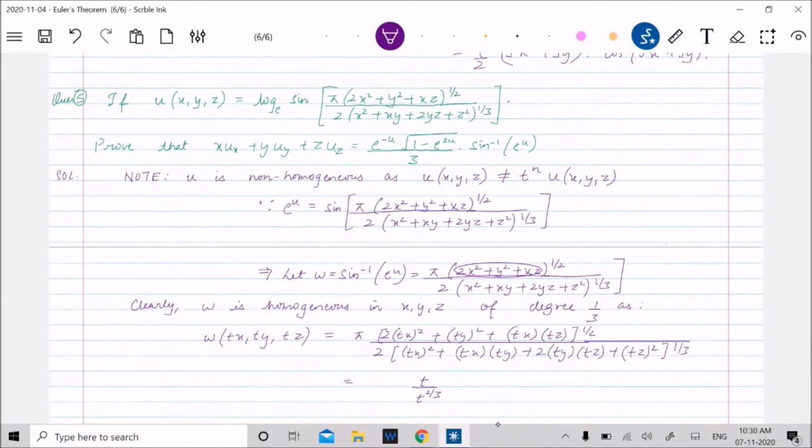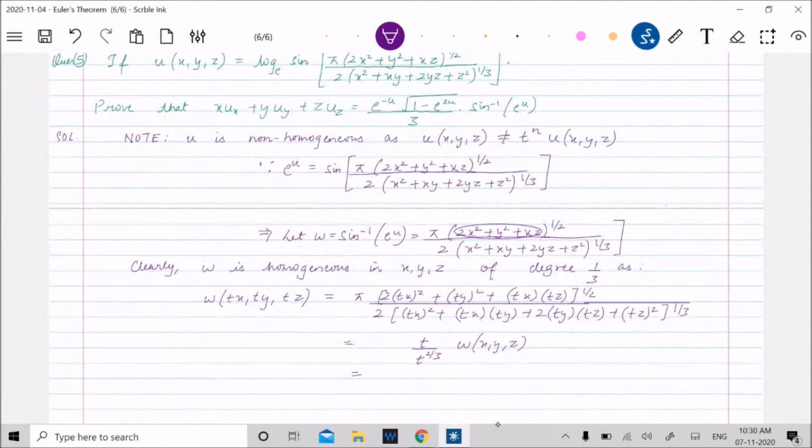Let me write this: pi by 2 times whatever you have, that will be w x y z. So if you subtract the exponent, that will be 1 minus 2 by 3, that will be 1 by 3 times w x y z. So you can see that this number is 1 by 3. That's why the degree is 1 by 3. That was mentioned earlier, right?